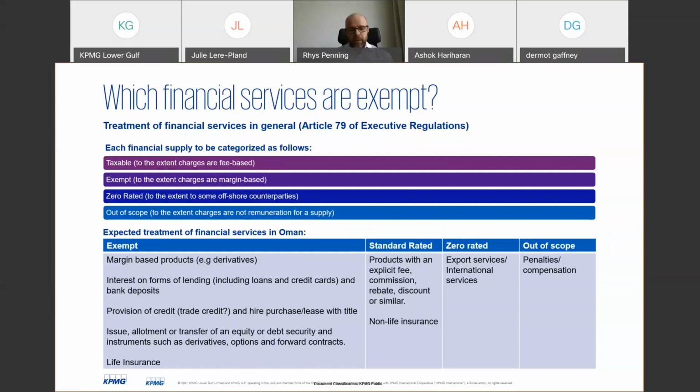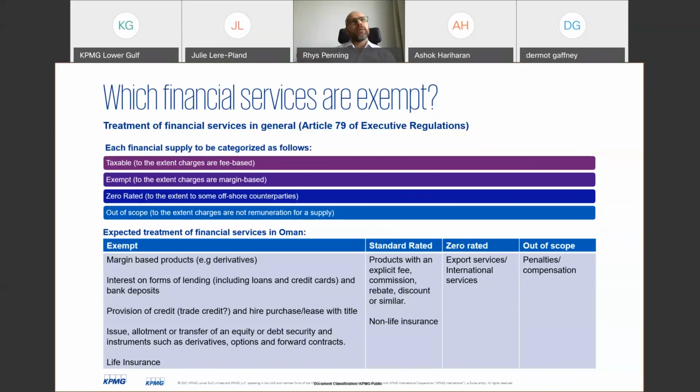We get now to the slightly more nuanced: what about bank fees? If I wish to borrow some money from a bank in Oman, we would say we've got a central bank regulated financial institution. It's making a loan, which we know is a financial service, so it should be exempt.